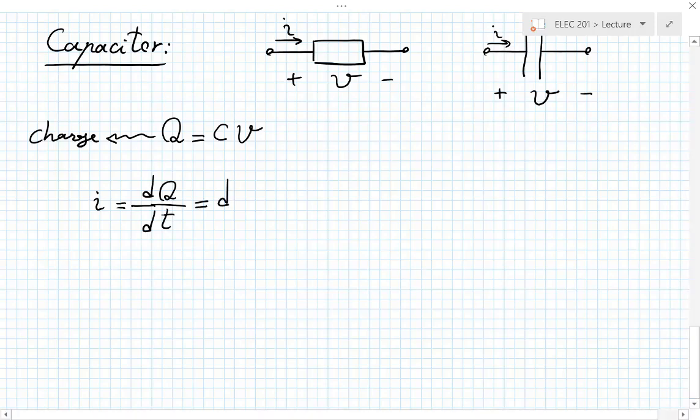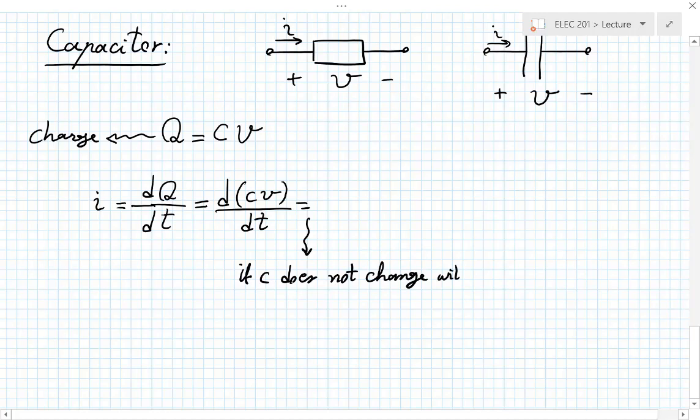And if you take that derivative, d of CV by dt, assuming that the value of C does not change with time, so that you can bring it out, then you get C dV by dt. You just pull C out of the derivative, and you get C dV by dt.